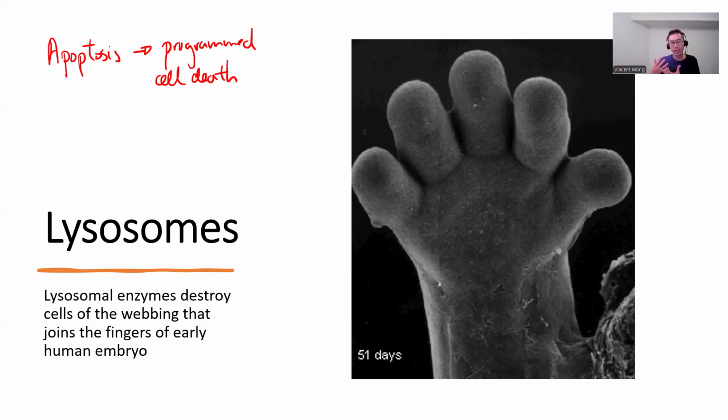When we were growing inside our mothers as a baby, there is actually webbing between our fingers, right? And you can see a little bit of web here, right? The cells that form the web need to die off so that our fingers can be free. How do they die? Well, the lysosome is going to release its content, kill off those cells in a process called apoptosis. Okay, there are other reasons why we need to kill off a cell. We will learn that later in the course.